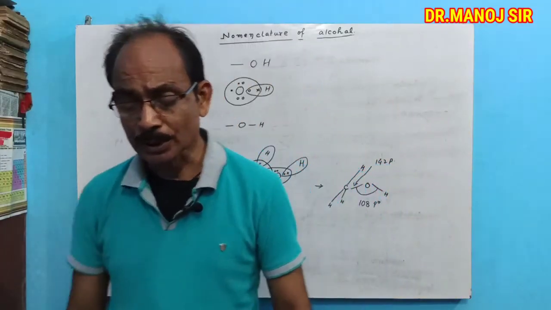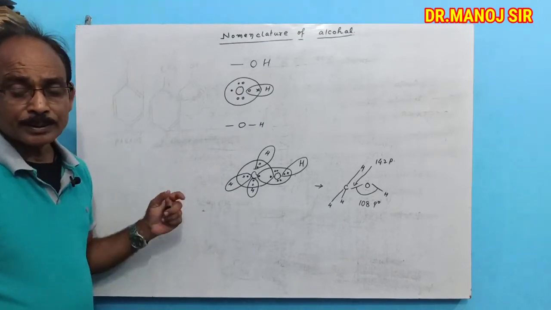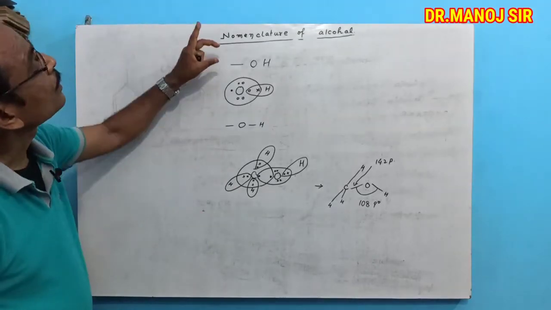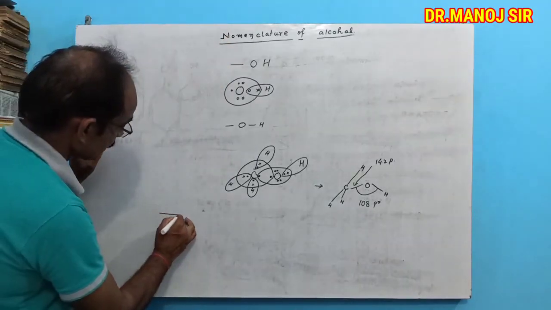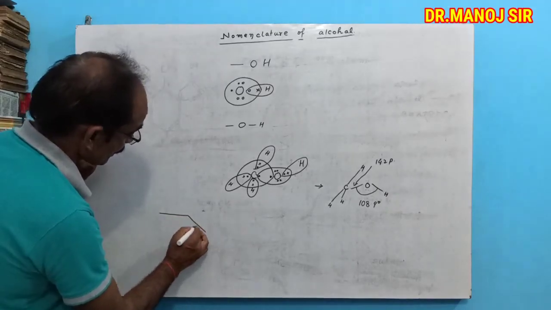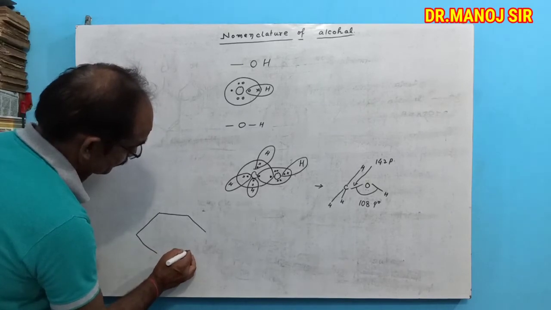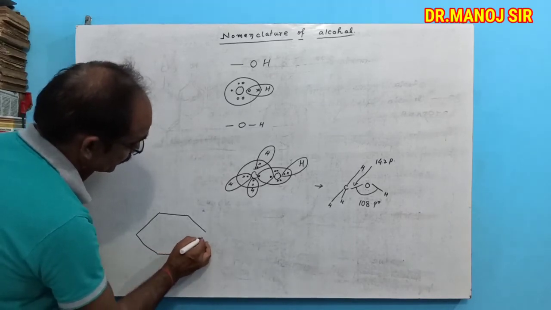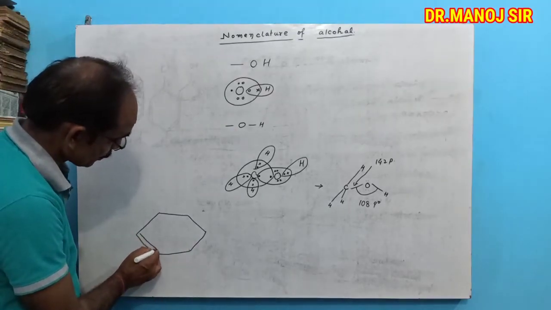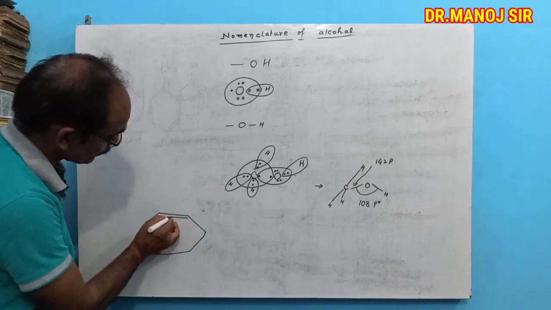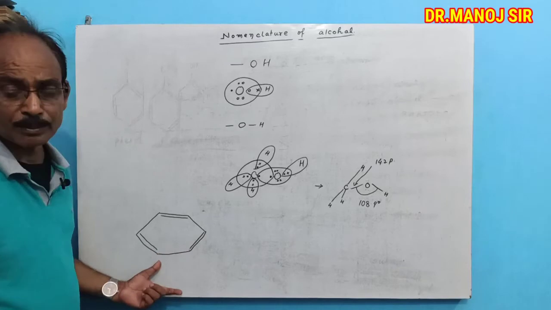Now, the second example of benzene alcohol, that is phenol. As we draw the structure of benzene, it is in this order: double bond, single bond, double bond, single bond, double bond, single bond.